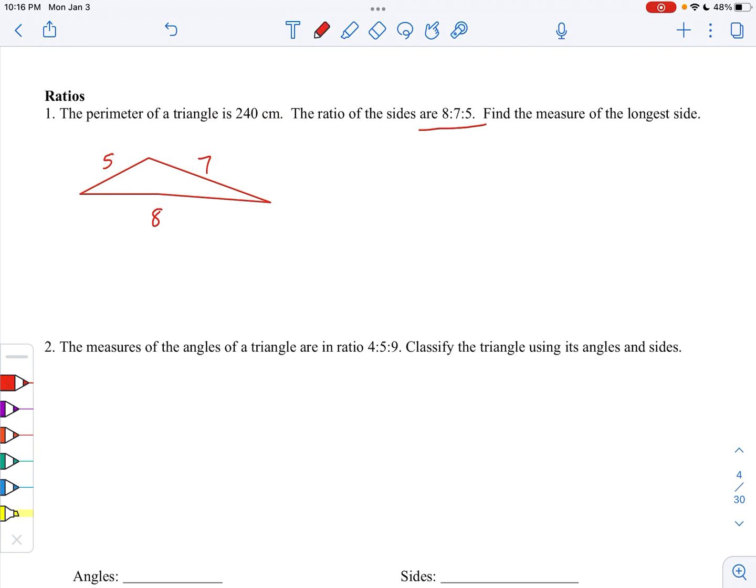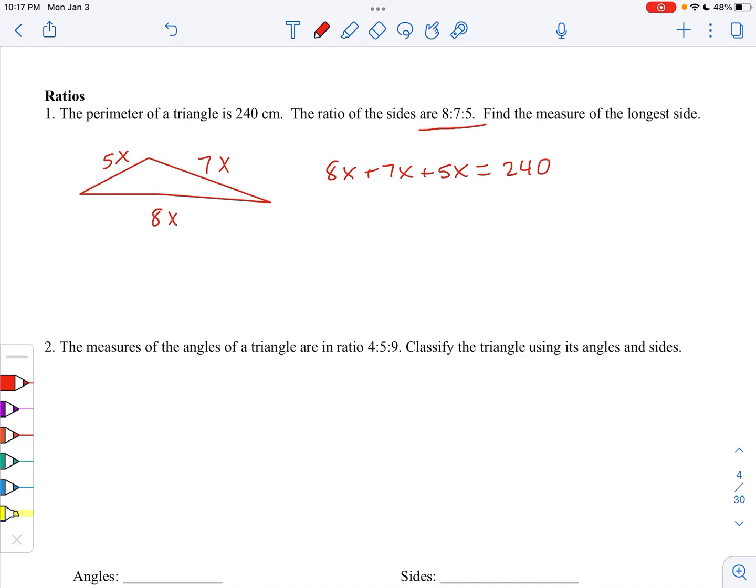So I need to scale each of these up by the same number so that I have that same ratio, 8 to 7 to 5. And so I'm going to scale each one by some amount x, right? The same scale factor to get 240.